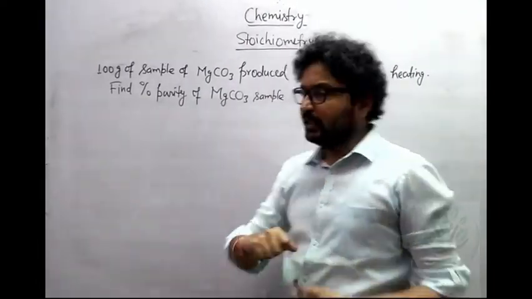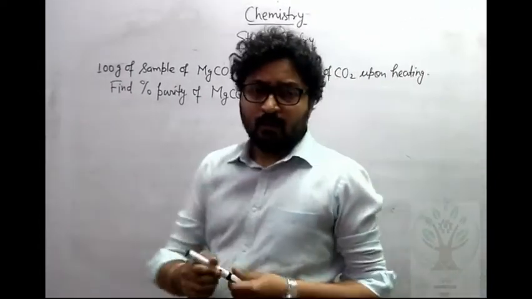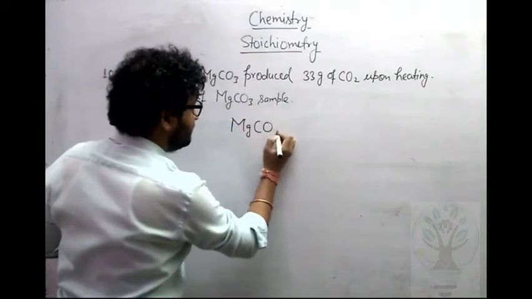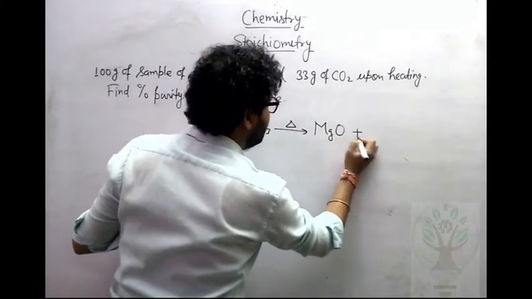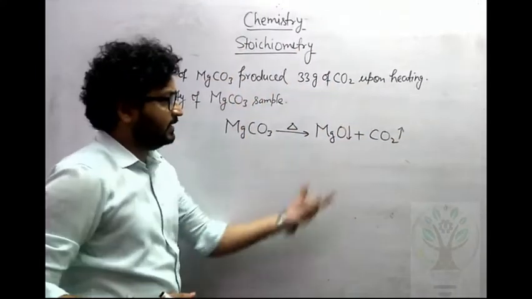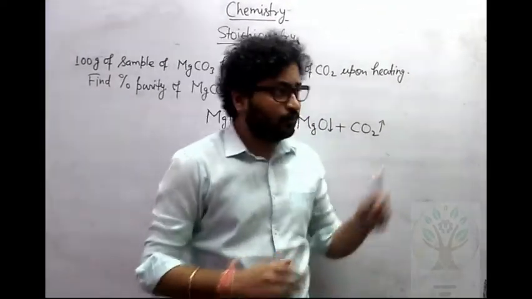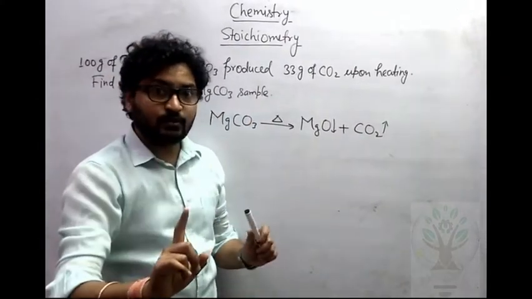One more data they have given: it produced 33 gram of CO2. Now how does MgCO3 produce CO2? I hope you remember when we heat MgCO3 we get MgO plus CO2. CO2 will be evolved and MgO will be deposited. This amount of CO2 is released; earlier it was not present.